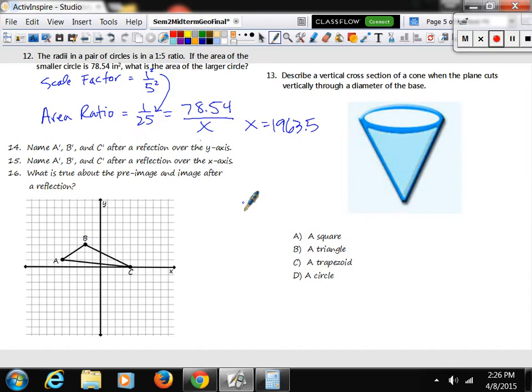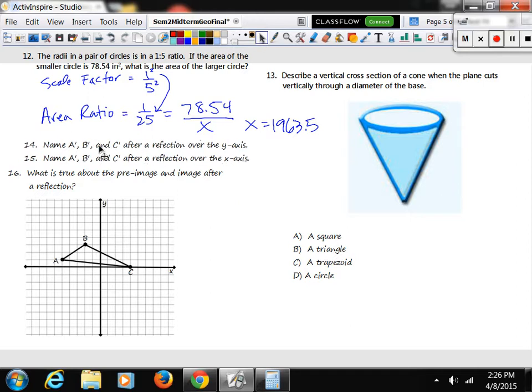Graph A prime, B prime, and C prime after a reflection over the y-axis. A prime. Okay, the y-axis is right here. So A prime is going to be 1, 2, 3, 4, 5 on the other side. So 5, 1 would be A prime. B prime would be 2 over.